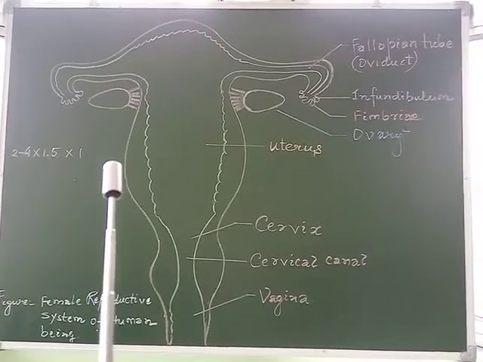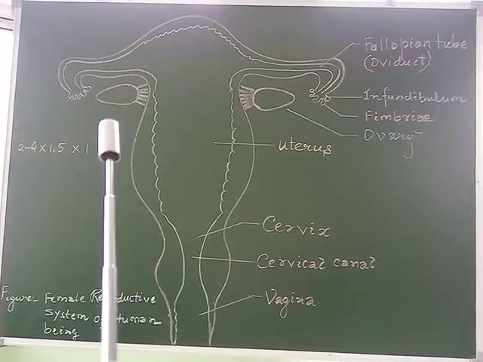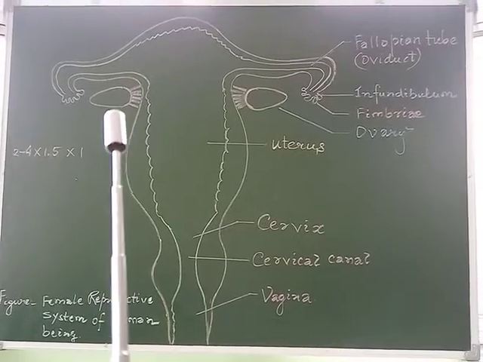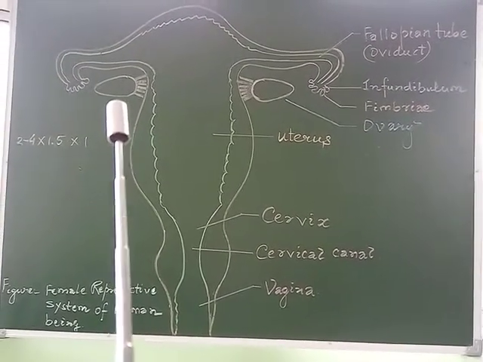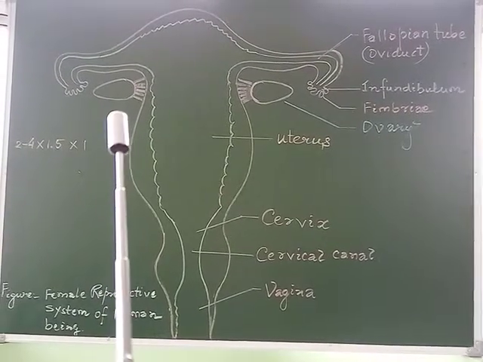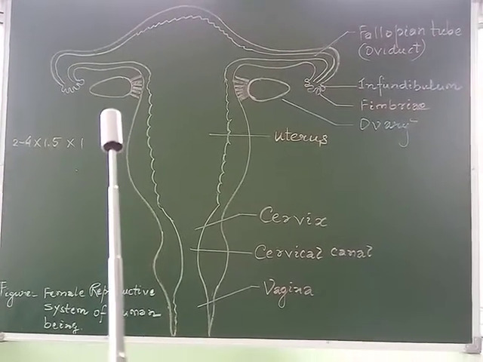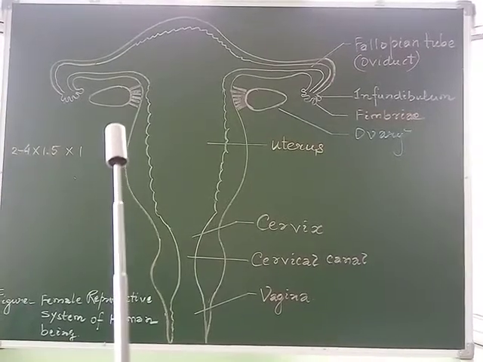Regarding the ovary, not only does it release the mature ovum, but just like in the case of the testis, we have discussed, the testes are the primary sex organs.